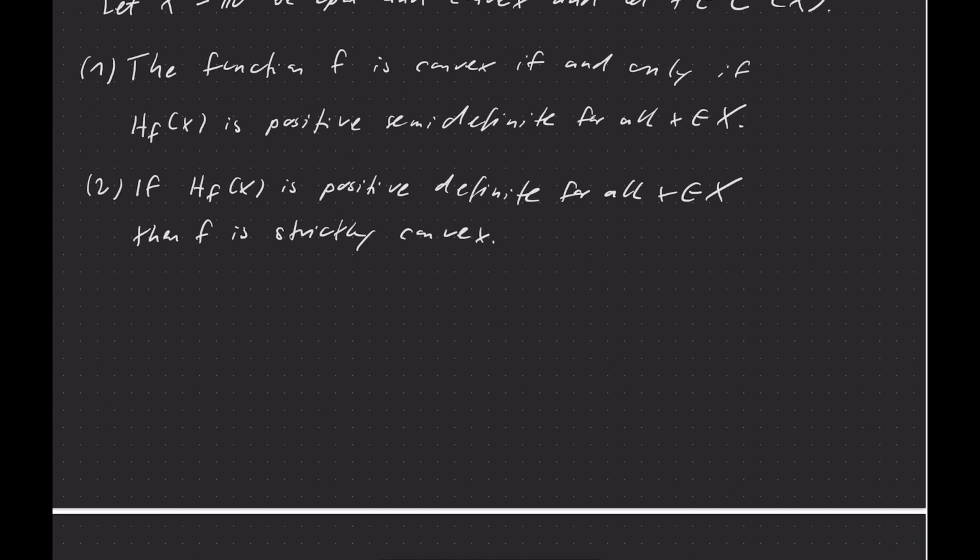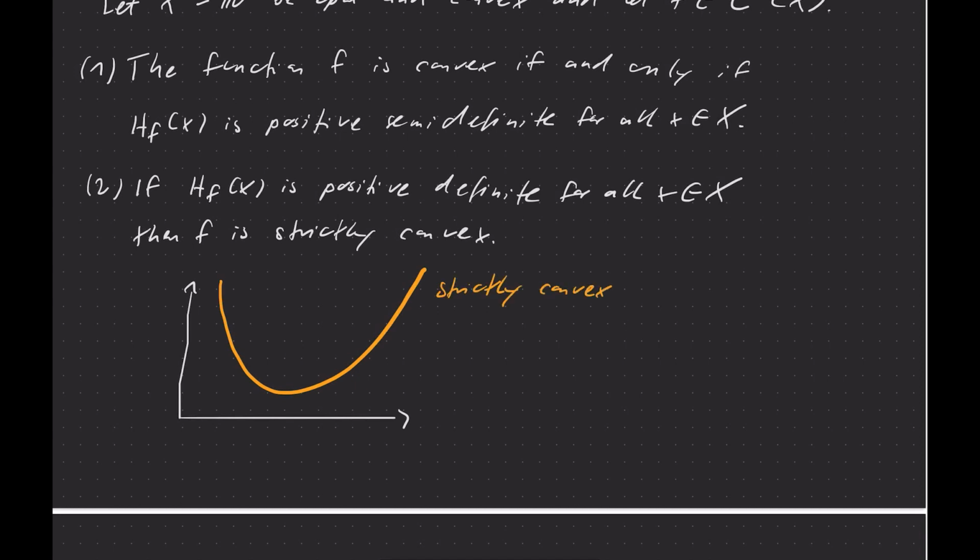And to round this off, a very quick example of the difference between a convex and a strictly convex function. Actually, the functions that we have seen so far are all strictly convex, so here again, that would be a strictly convex function. And in contrast to that, a function that is not strictly convex but still convex could look, for example, like this.